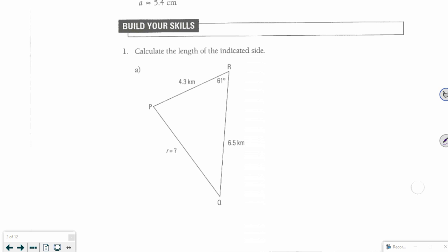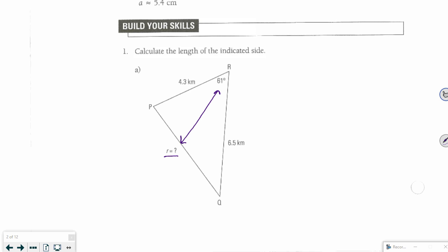Okay, so same deal here. We're looking for a side length. We have two sides. We have one angle. That's a pretty good indication that we can use our cosine law. I can't use my sine law because I don't have another angle, or I don't have a pair where I know both the angle and the side. So right now, I can solve for this side so long as I know the angle directly across from it, which I do.